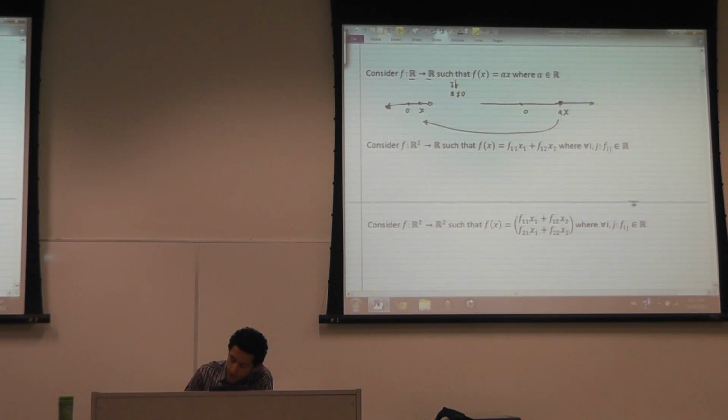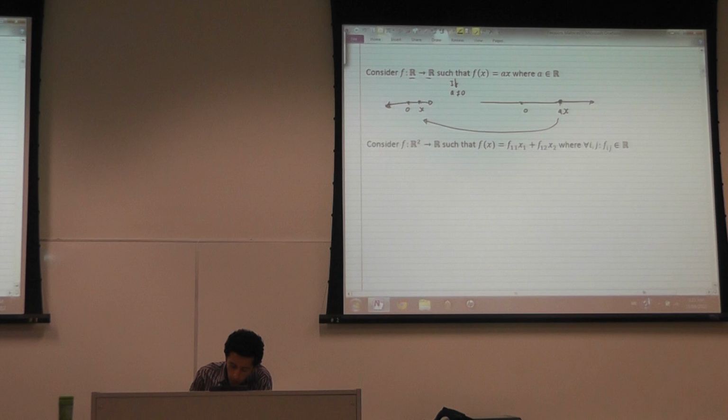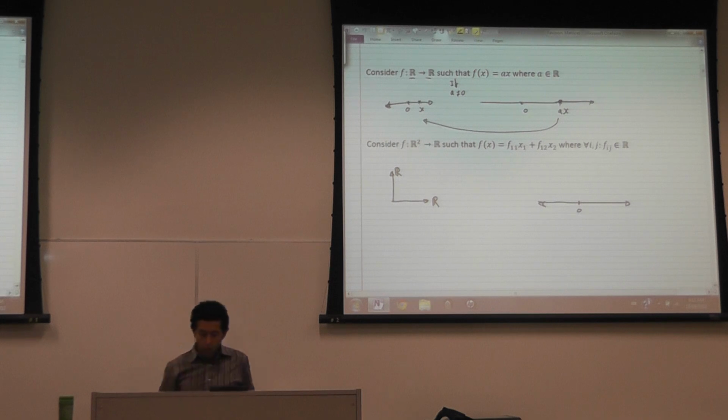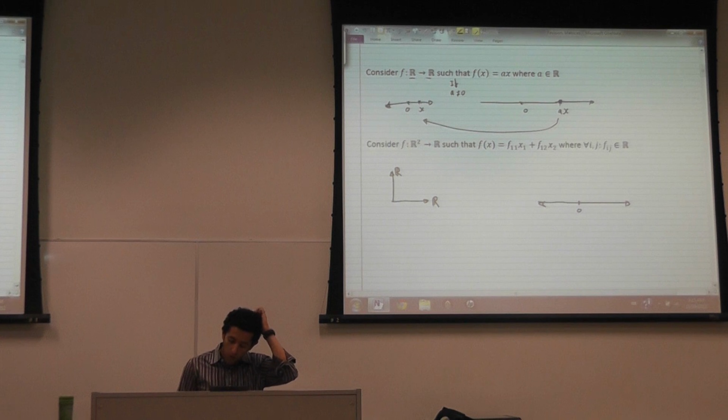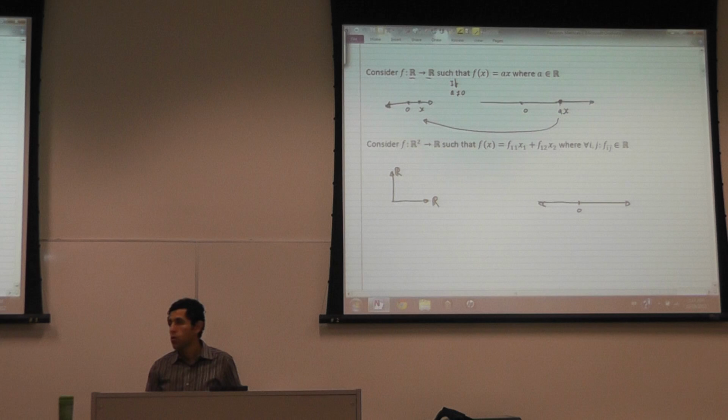I can have another linear function where every vector I'm going to give you one number. So simply saying f of x is equal to a number f11 and a number f12 multiplied by the first component plus that number multiplied by the second component.